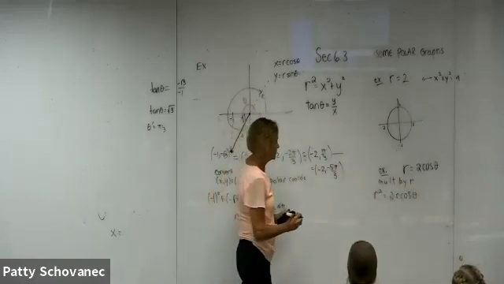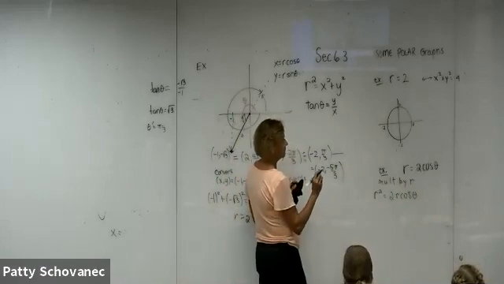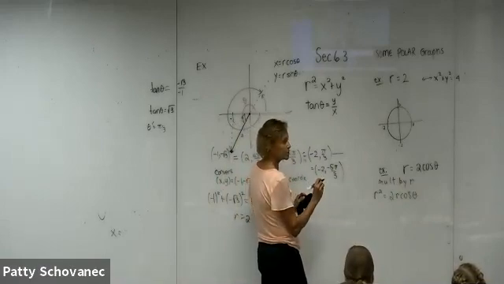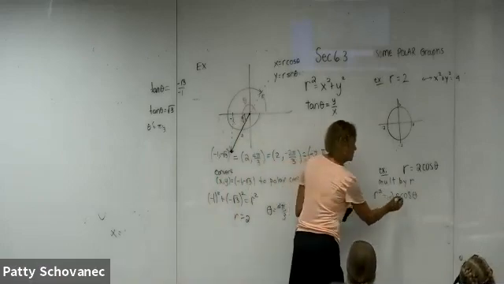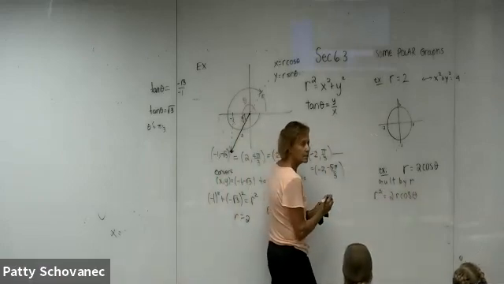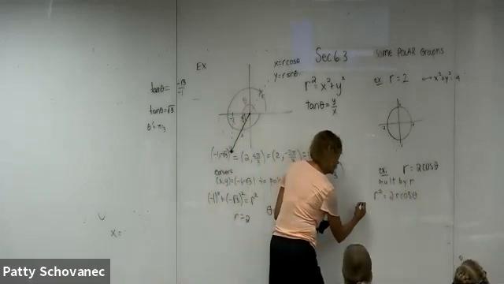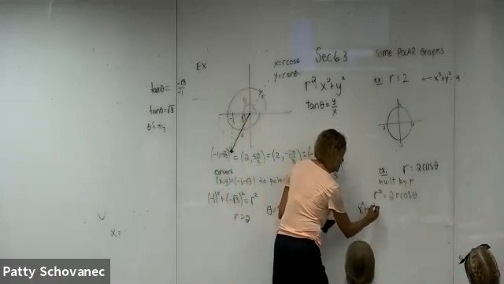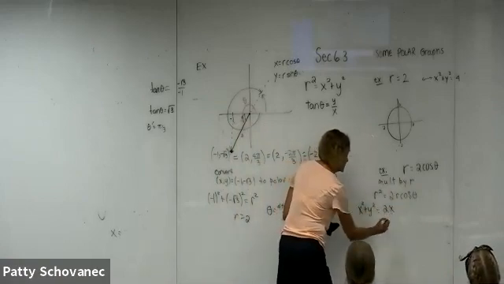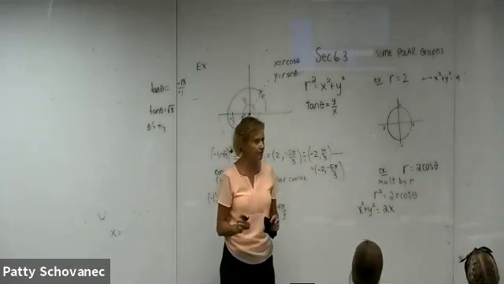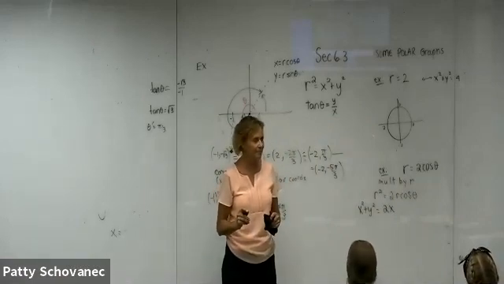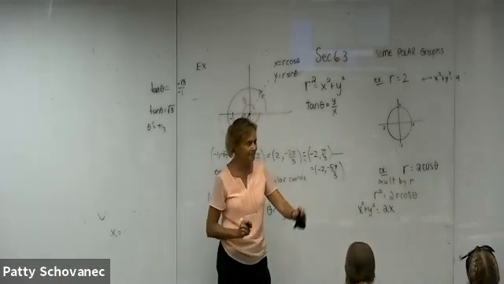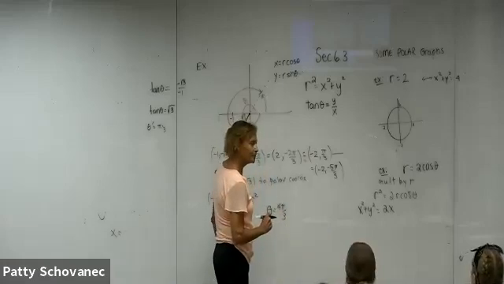Let's go ahead and replace r squared with x squared plus y squared and replace r cosine theta with x. So now in rectangular coordinates, it says x squared plus y squared is equal to 2x. Anybody know what the graph of that is? Is that an ellipse? Nope.